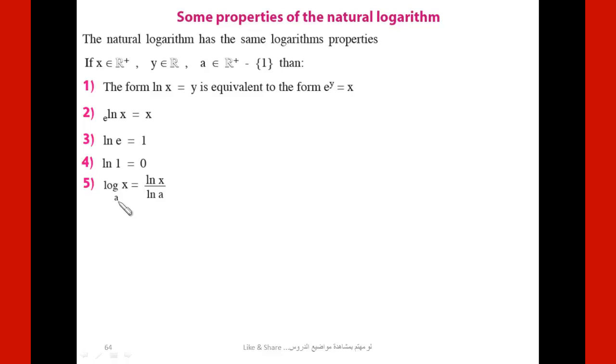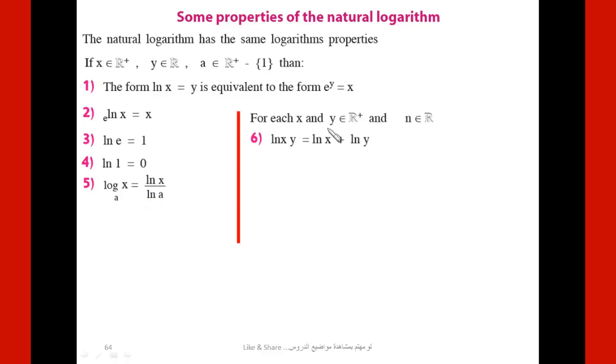Here the base is a, and the base here is e. So logarithm x to the base a equals ln x over ln a. Here the base, we consider it e.